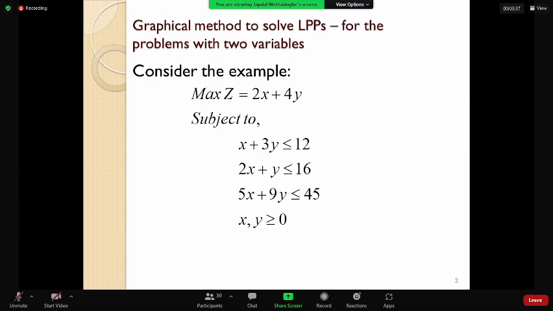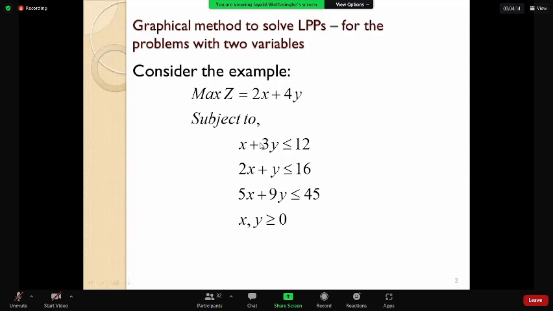But here, the problem is that these constraints contain inequalities, not equal signs. For example, this is the first constraint. If we had an equal sign, that means x plus 3y equals 12, then we can easily draw it in a Cartesian plane. But here we have a less than or equal sign, so that means this is an inequality.